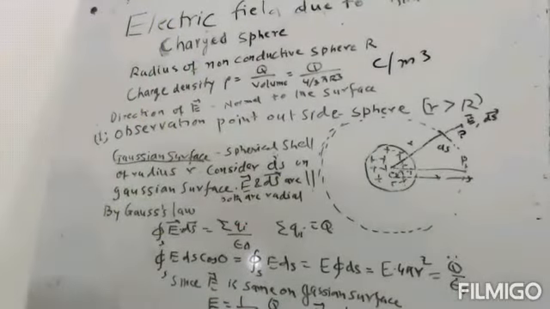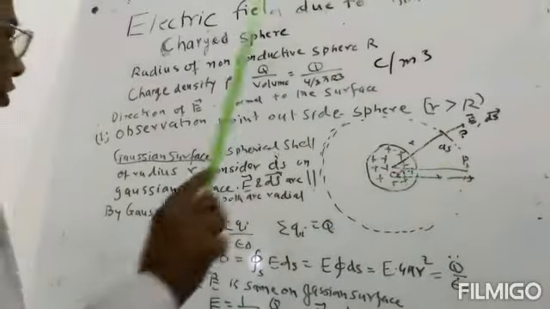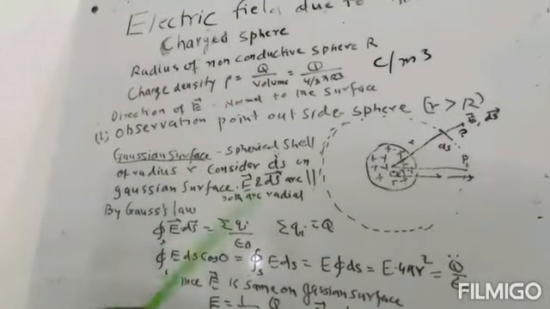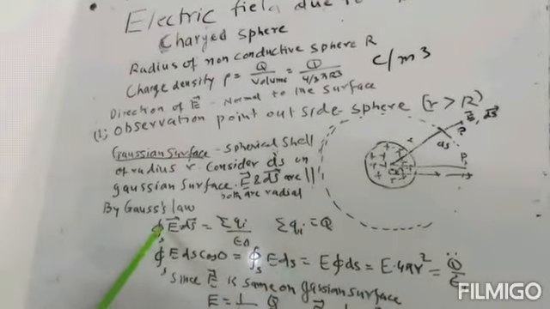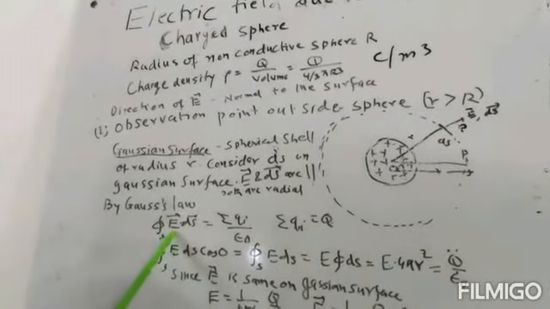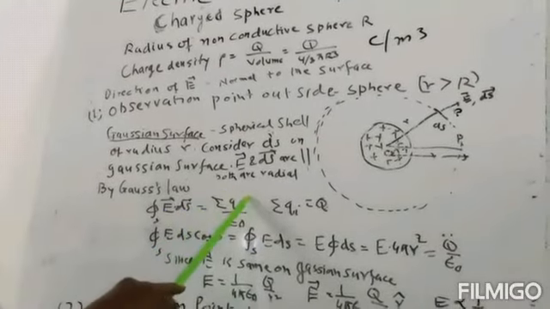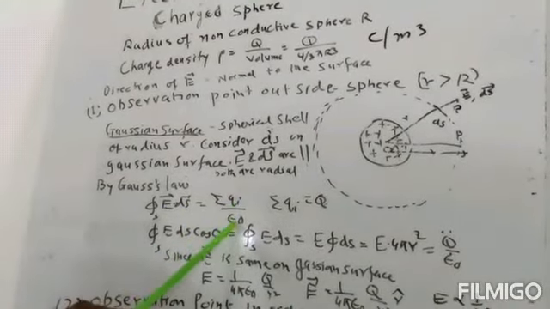Now we will apply the Gauss law. According to Gauss law, the surface integral E vector dot ds vector will be equal to summation of charge Qi by epsilon 0.